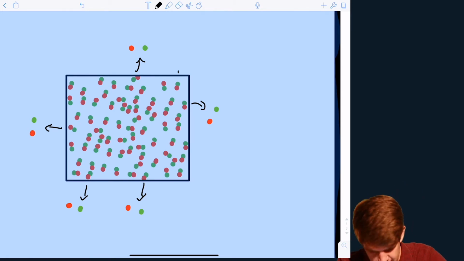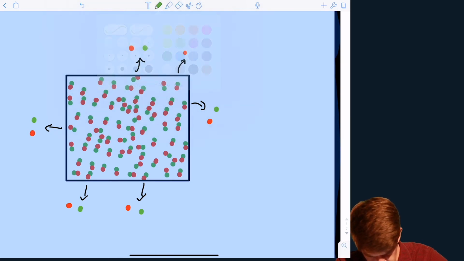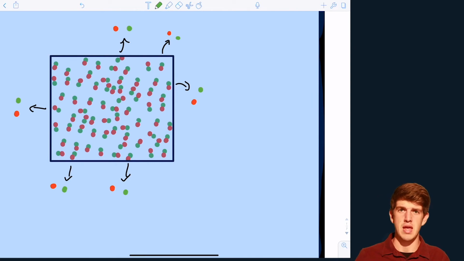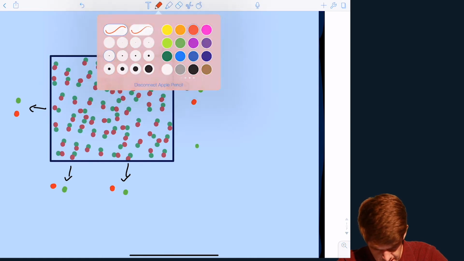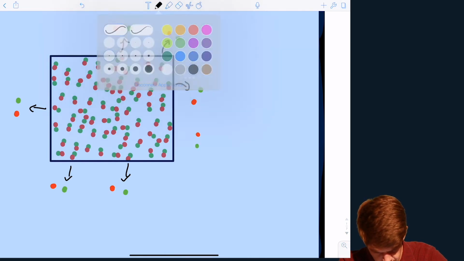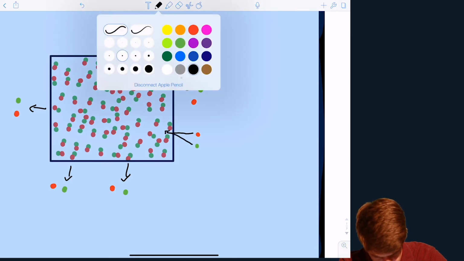For every one that continues to come out, one Na+ and one Cl- that has dissolved into solution is now going to come out of solution. So here comes a Cl-, here comes an Na+, and they're going to come back in and reform solid NaCl.